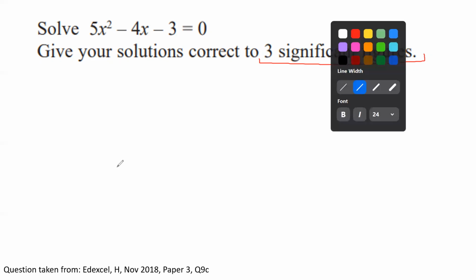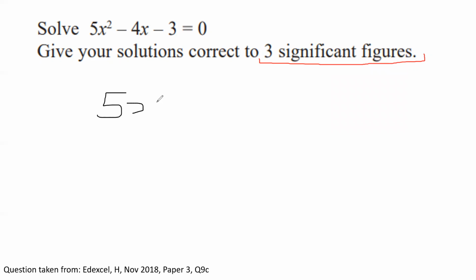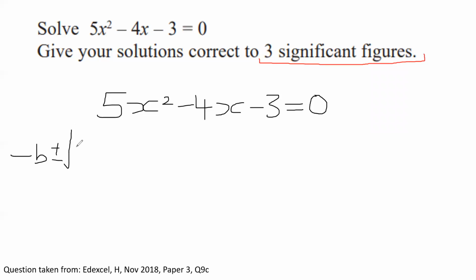So we have got 5x squared minus 4x minus 3 equals 0. The quadratic formula is not the easiest to remember, but what we have got is x equals minus b plus or minus the square root of b squared minus 4ac, all over 2a.